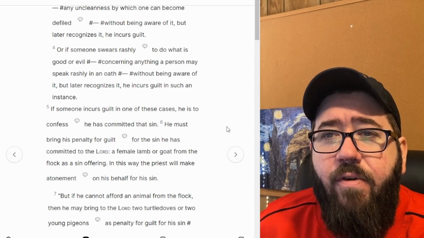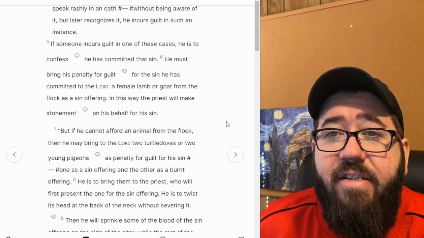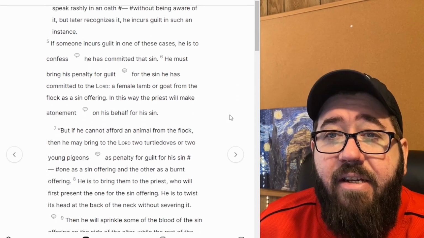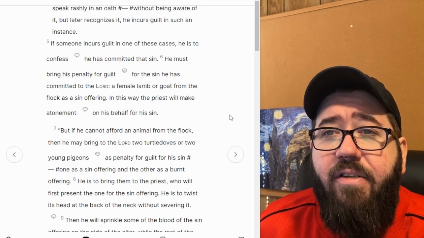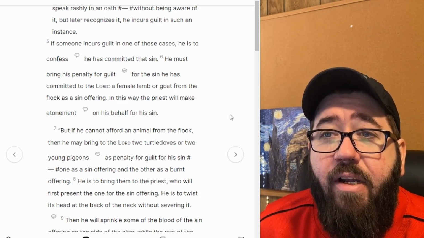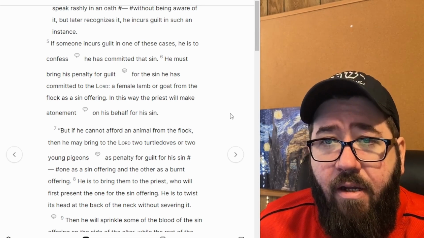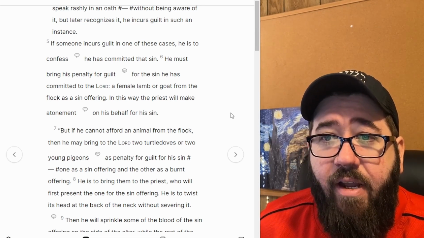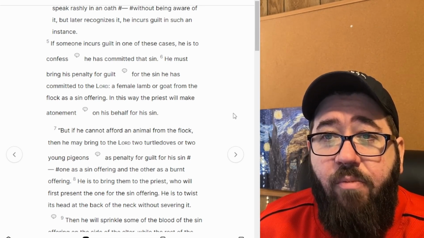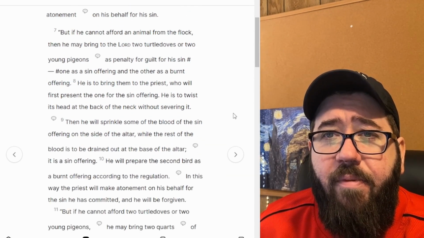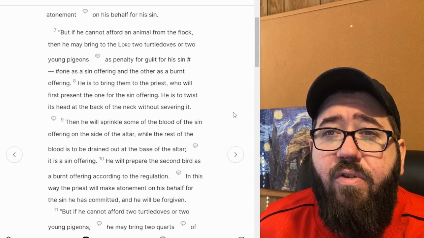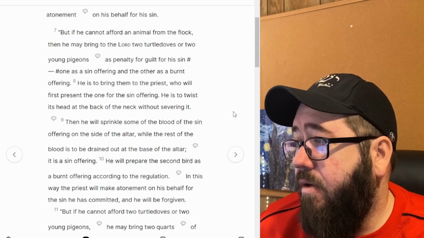Okay, if someone incurs guilt in one of these cases, he is to confess he has committed that sin. He must bring his penalty for guilt for the sin he has committed to the Lord, a female lamb or goat from the flock as a sin offering. In this way, the priest will make atonement on his behalf for his sin. But if he cannot afford an animal from the flock, then he may bring to the Lord 2 turtle doves or 2 young pigeons.